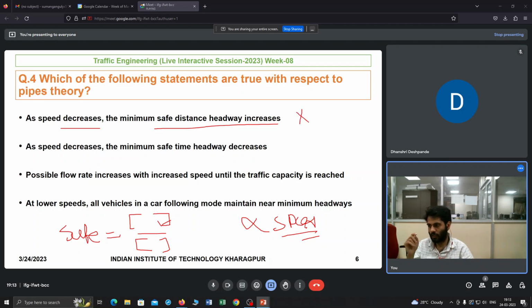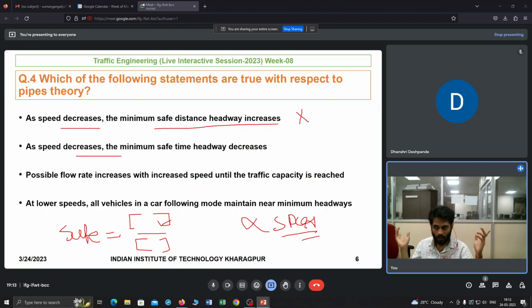Next, as speed decreases, the minimum safe time headway decreases. If your speed decreases, obviously your time headway, not distance headway, will increase, because you are running at a lower speed. In case of higher speed, your distance headway will increase and your time headway will decrease.